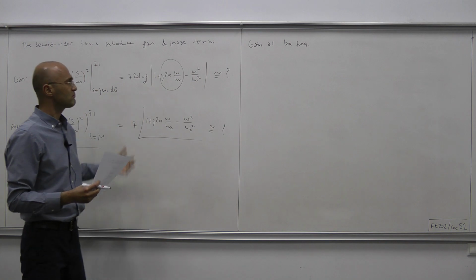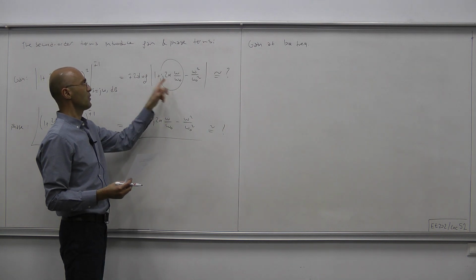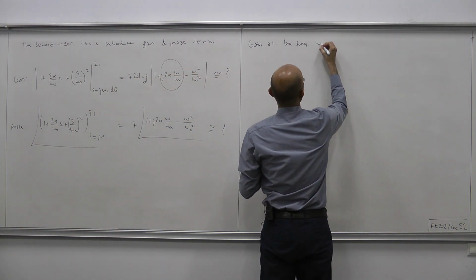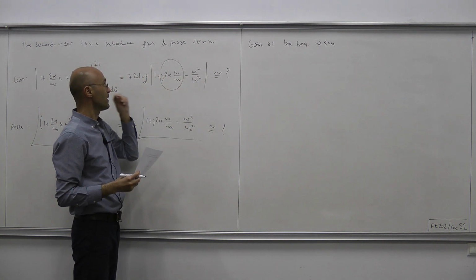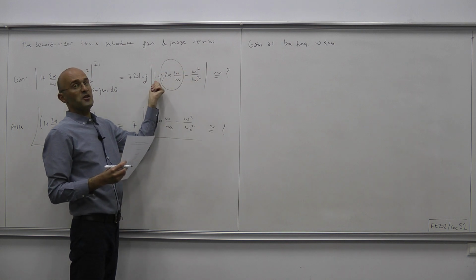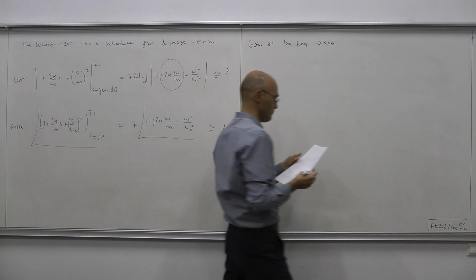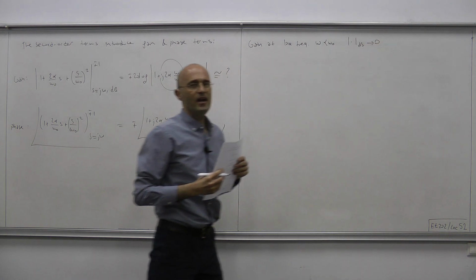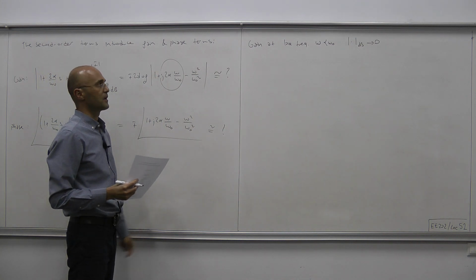But there are many cases where that's a good approximation. So ignoring this produces the following at low frequencies, by which we mean omega less than omega 0. When omega is less than omega 0, this is gone, that's gone, and what remains is 1. So we're talking about 20 log 1, which is 0 dB. The gain is approximated by a constant, a 0 dB line. That's our low frequency asymptote.